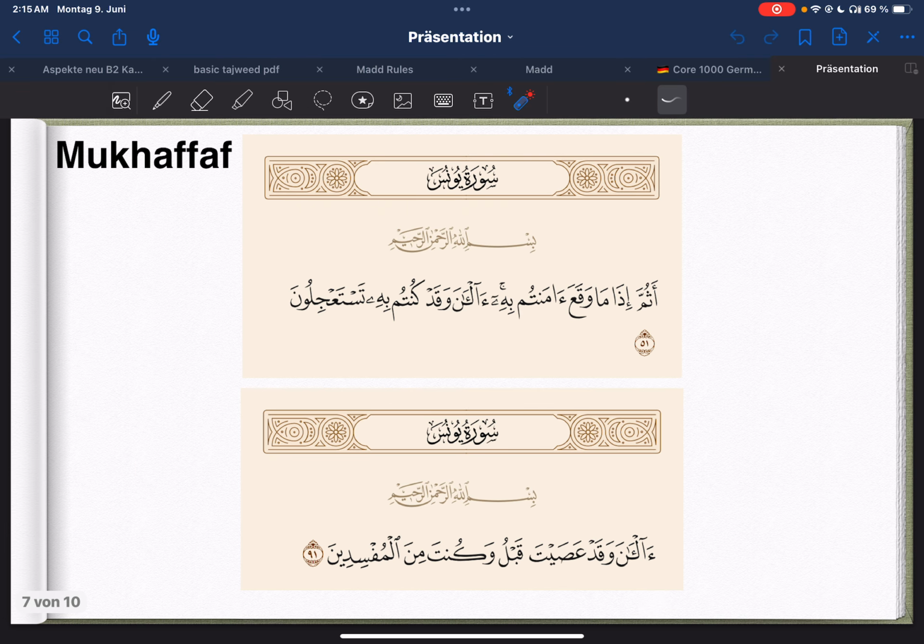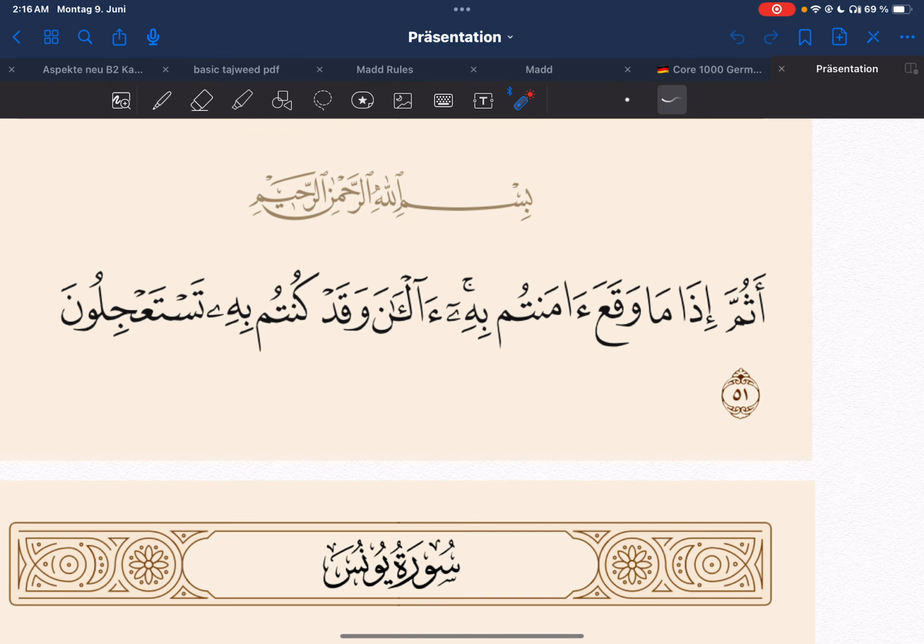Now the second type of mad لازم كلمي is مخفف. It only appears in the Quran in one word, but this word appears twice in Surah Yunus, here in two places: الآن and الآن. How do we pronounce it correctly? You will notice that we have the MAD symbol, and then the letter after MAD, lam, has the symbol of sukun.